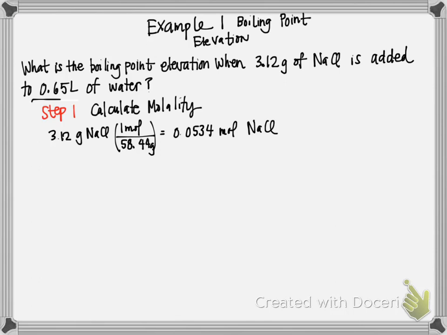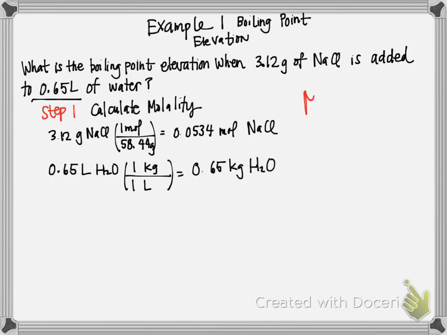Now, to calculate molality, we also need the kilograms, the mass of the solvent, and we have that because they gave us 0.65 liters of water. You don't really need to do the calculation, but I did it for you just so that you can see where I'm getting the kilograms of water from. So we use the density of water. So 0.65 liters of water is going to equal 0.65 kilograms of water.